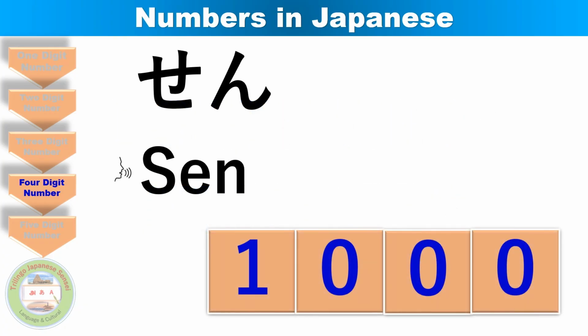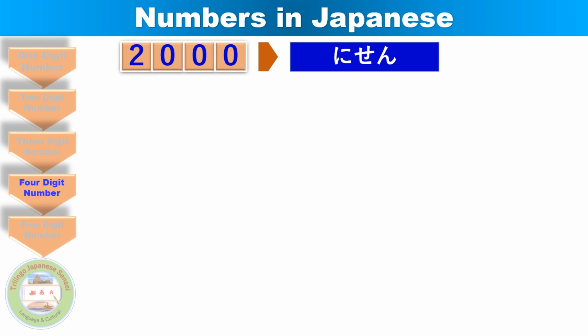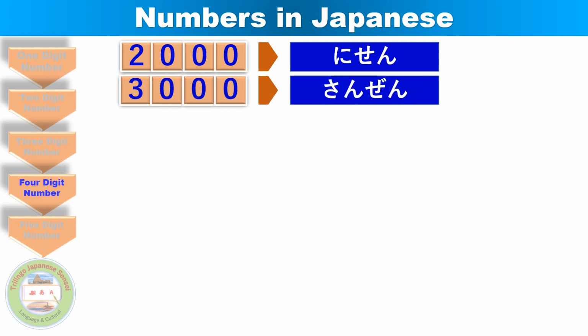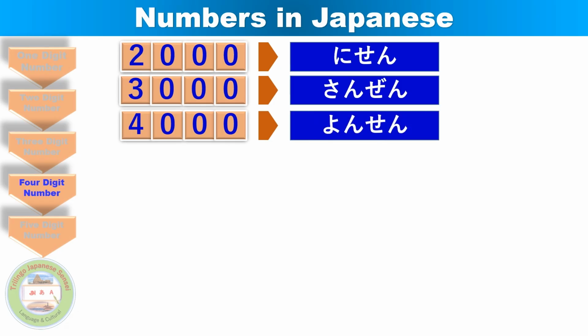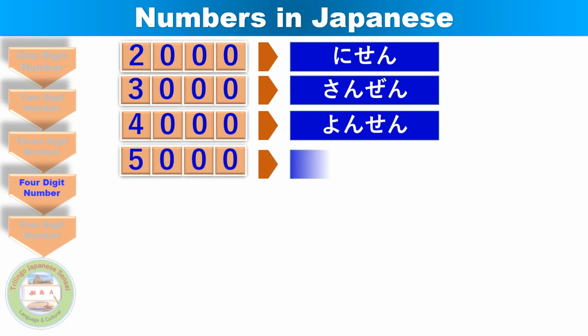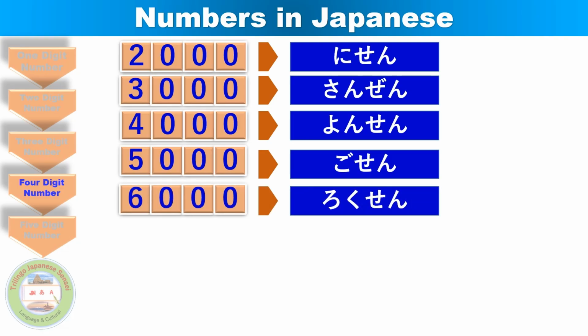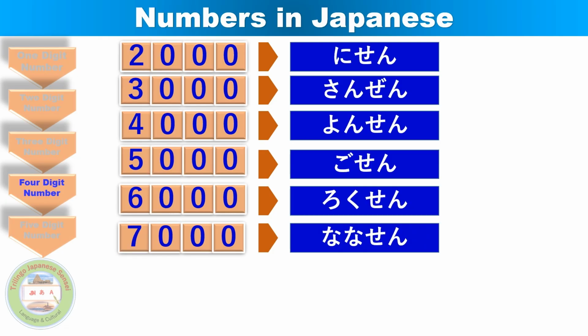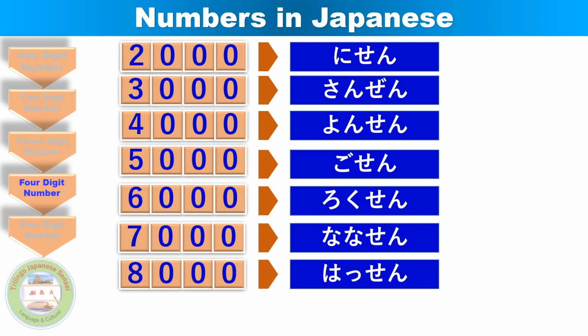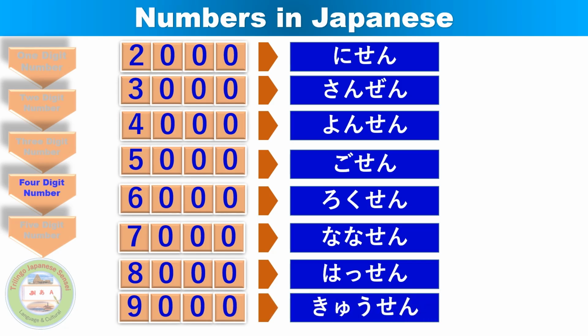In the 4-digit number system, let's start with 1000. 1000 means sen. Without further wait, let's see how 2000, 3000 till 9000 are represented. 2000 is nisen, 3000 sanzen, not sansen, 4000 yonsen, not shisen, 5000 gosen, 6000 rokusen, 7000 nanasen, not shichisen, 8000 hassen, not hachisen, 9000 kyusen, not kusen.